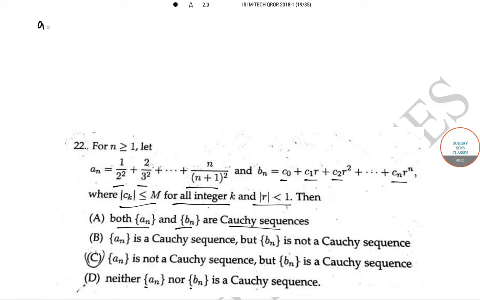Well, we have been given that a_n is equal to 1 by 2 squared plus 2 by 3 squared and up to n by (n plus 1) squared.